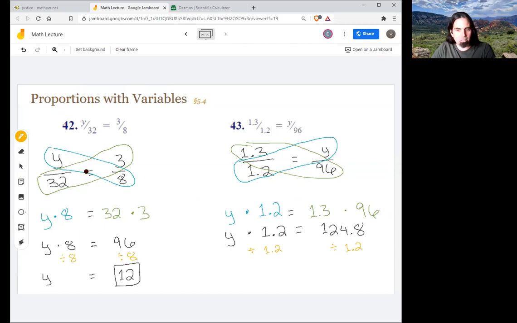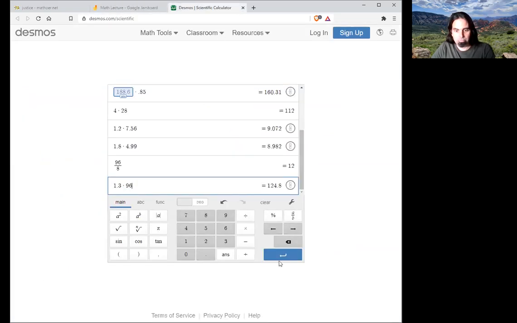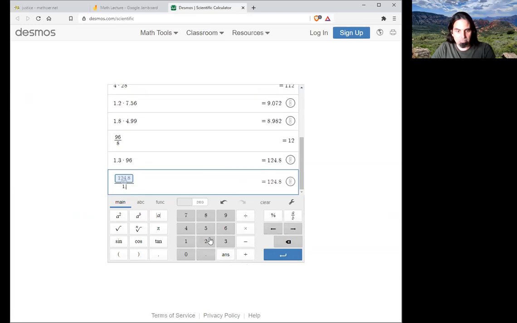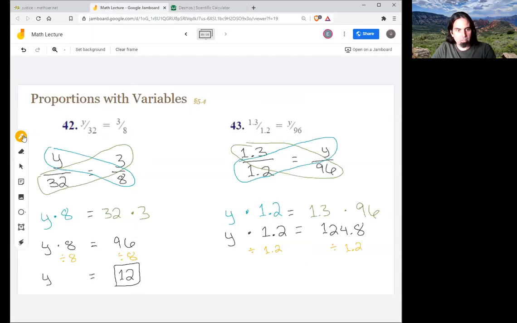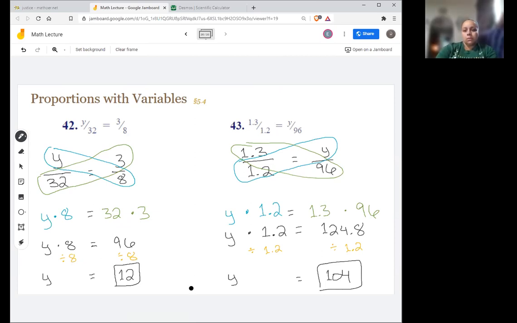You're always dividing. $104. Okay, questions about this board?